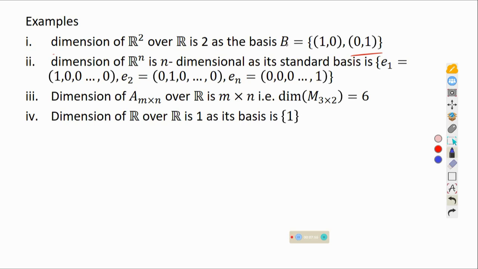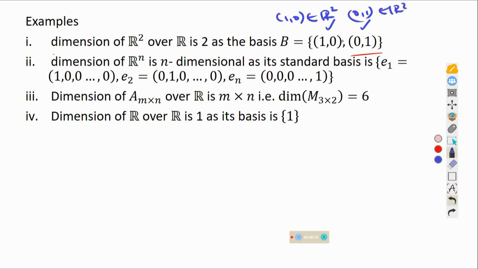Because within the basis, we shall always have two elements, (1, 0) and (0, 1). When you look at these two elements, (1, 0) is an element from R2, then (0, 1) is an element from R2.